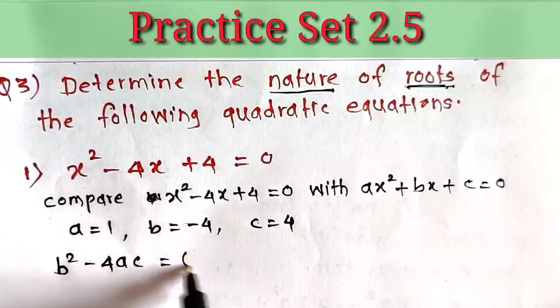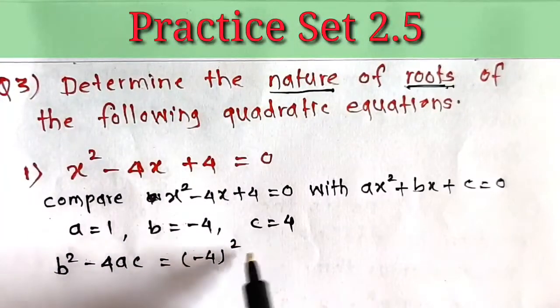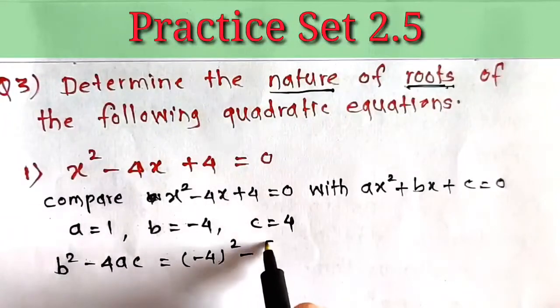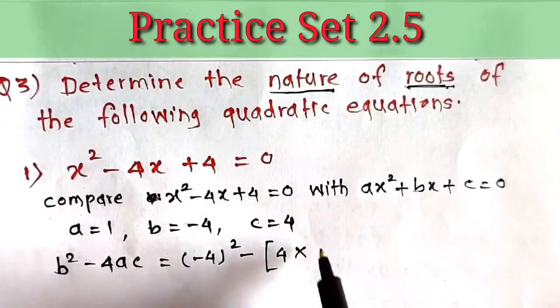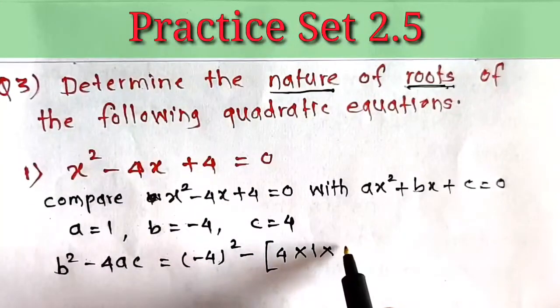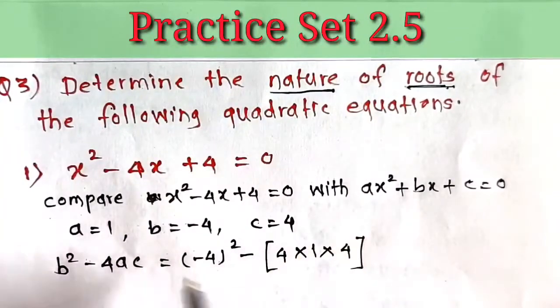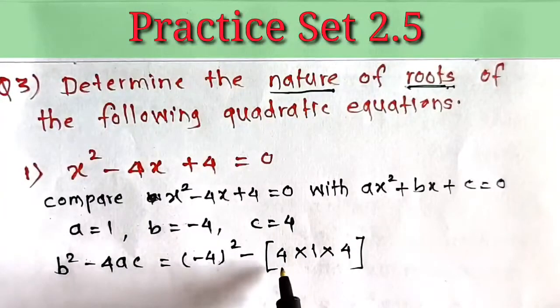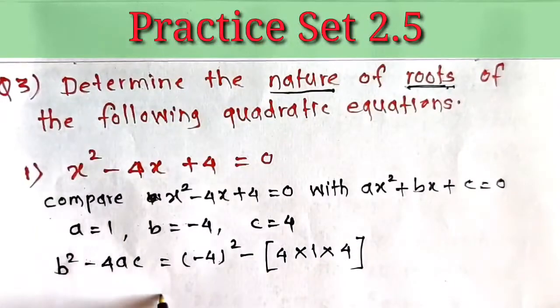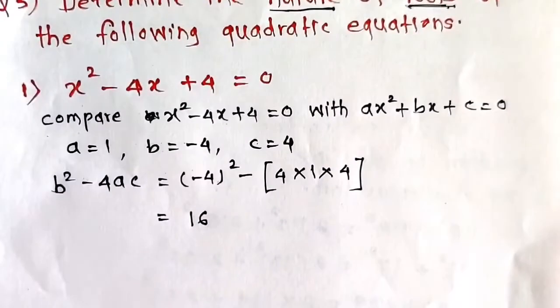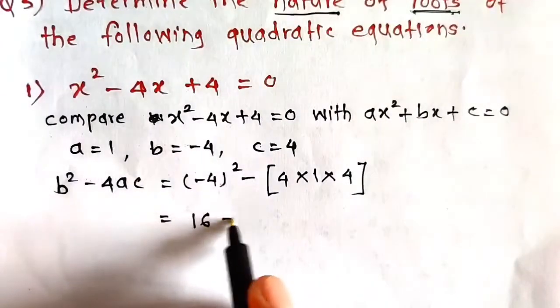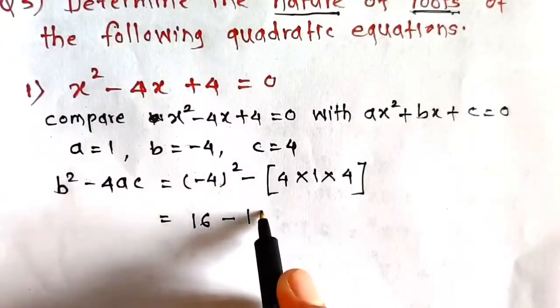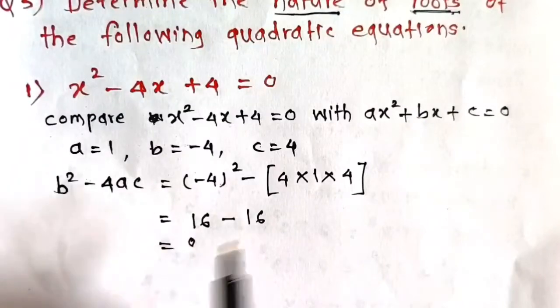That is the common thing. b square means minus 4 square, minus, in the bracket, 4 into a into c. Now compare: the square of every number is positive, therefore it is 16 minus 4 fours are 16, so here it is 0.